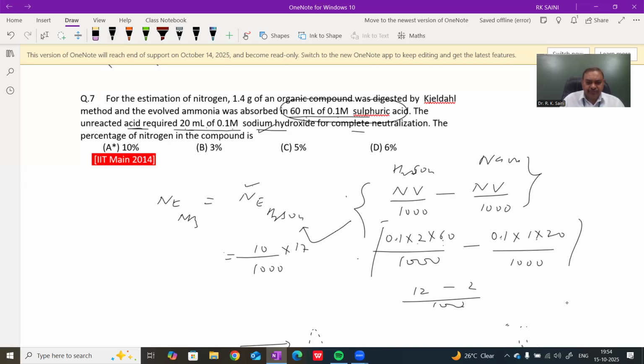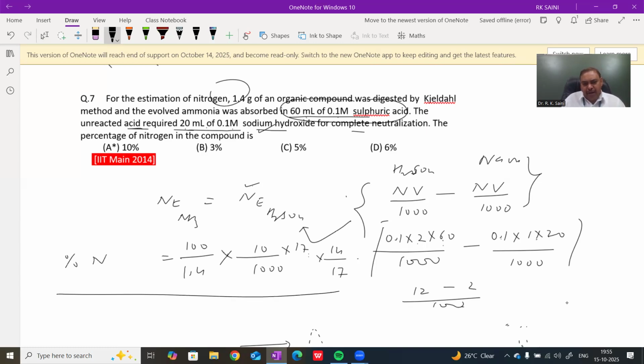We know that 14 gram nitrogen is present in 1 mole of ammonia. Therefore this is the weight of nitrogen, and this weight of nitrogen comes from 1.4 gram of organic compound. Therefore, find the percentage of nitrogen in this sample.